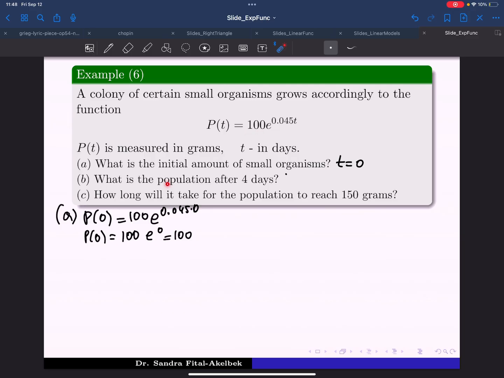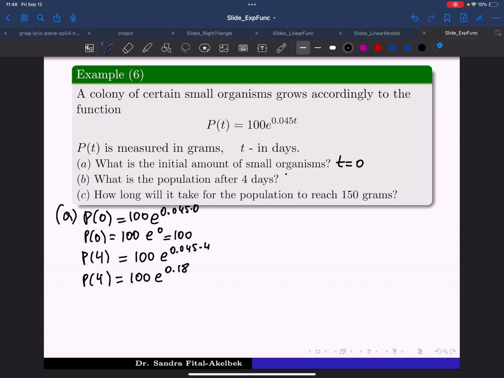Now, what is the population after 4 days? So we're going to have P at 4. It's going to be 100 e to the 0.045 times 4. First multiply times 4. So we have P at 4 is equal to 100 e to the 0.18.